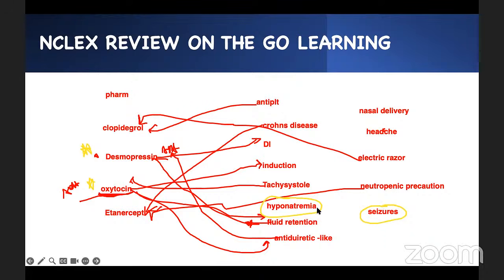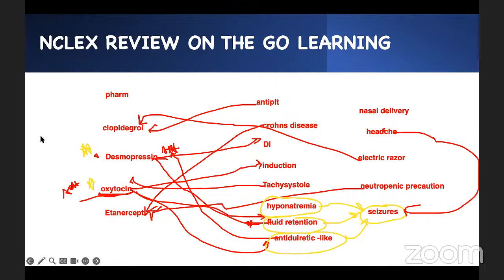If you retain fluid, you can cause seizures. You see how it can happen. Antidiuretic hormones will cause the same thing. This is all related. Headache will come back and bite you here. If you have seizures, it will come back and bite you.